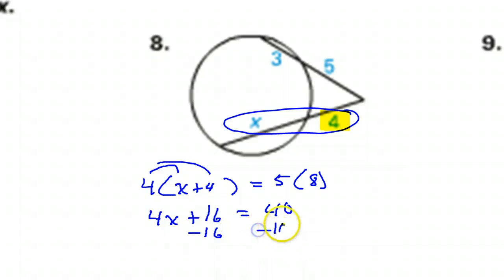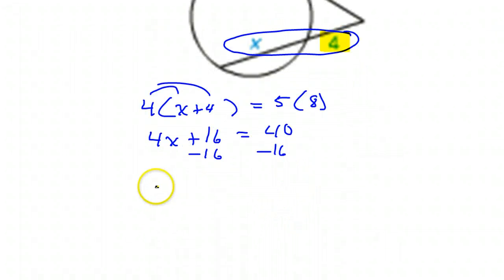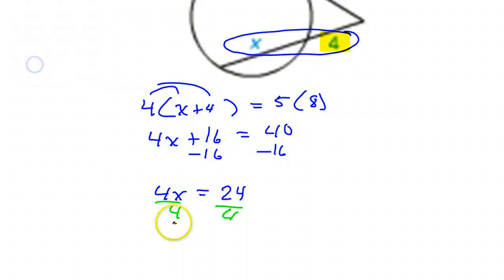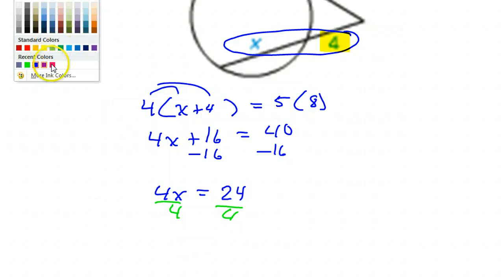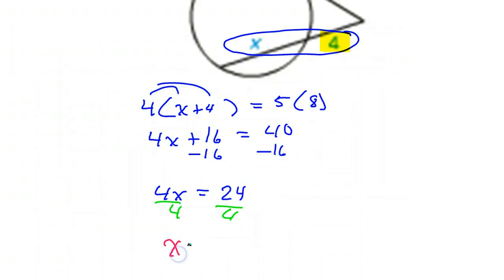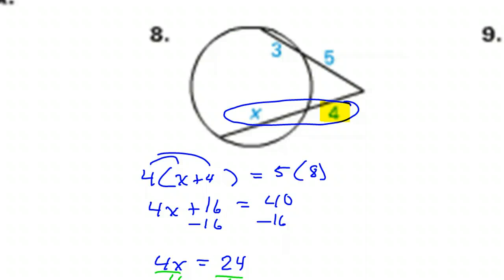Go ahead and subtract 16 from both sides. And that will give you 4x equals 24. And we divide both sides by 4. So we get x equals 6. That was the answer to number 8.